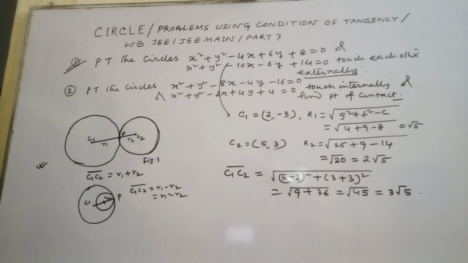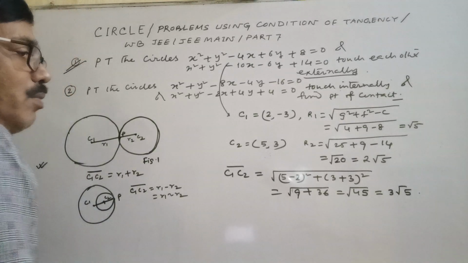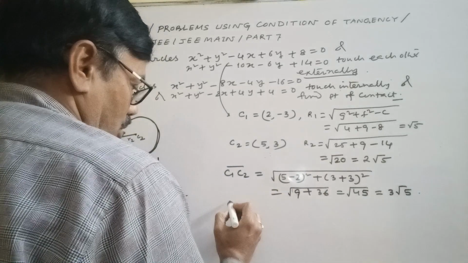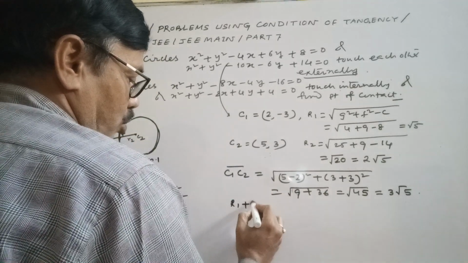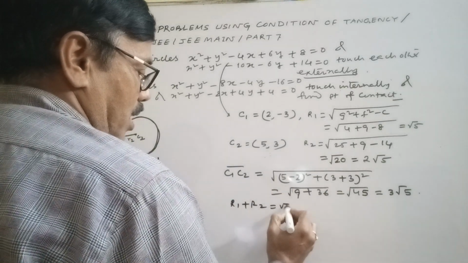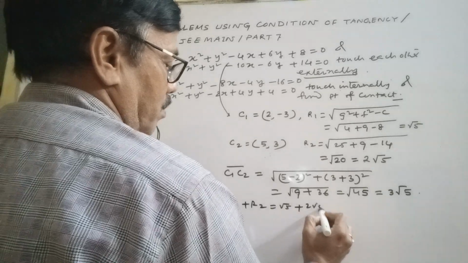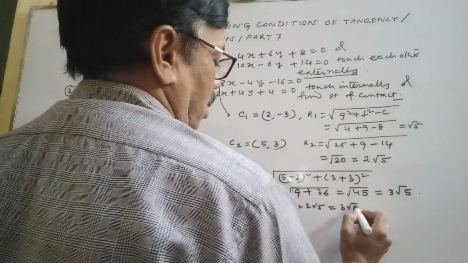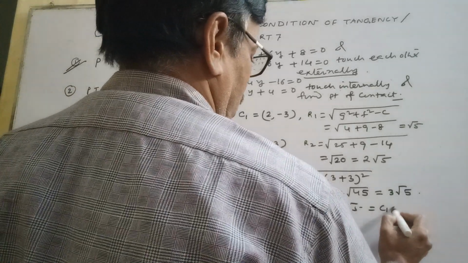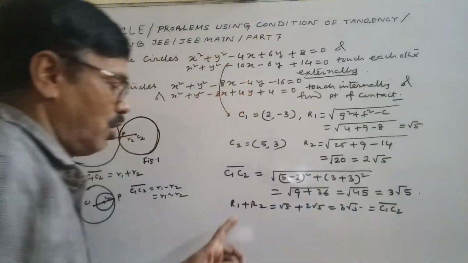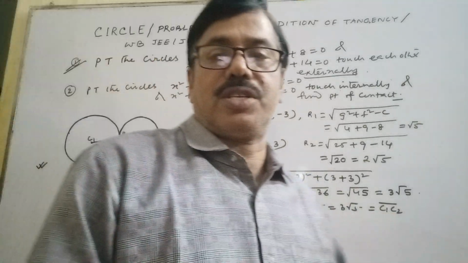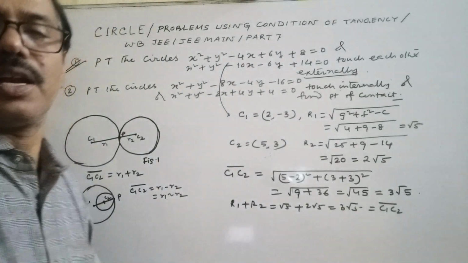Now look, sum of radii, so R1 plus R2 equals root 5 plus 2 root 5, equals 3 root 5. So this is C1C2. Sum of radii equals the distance between their centers.